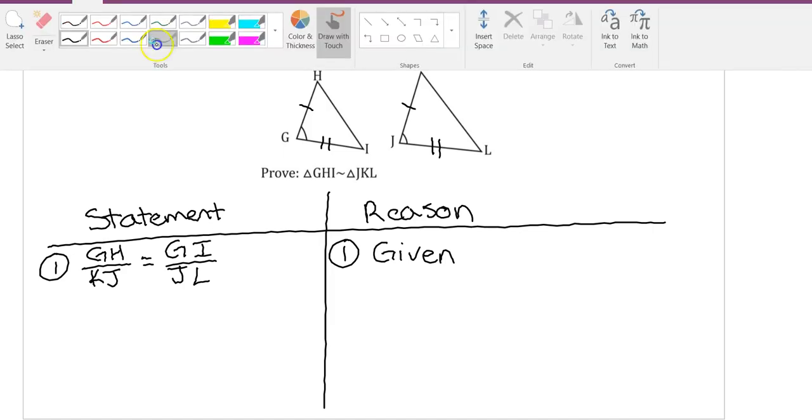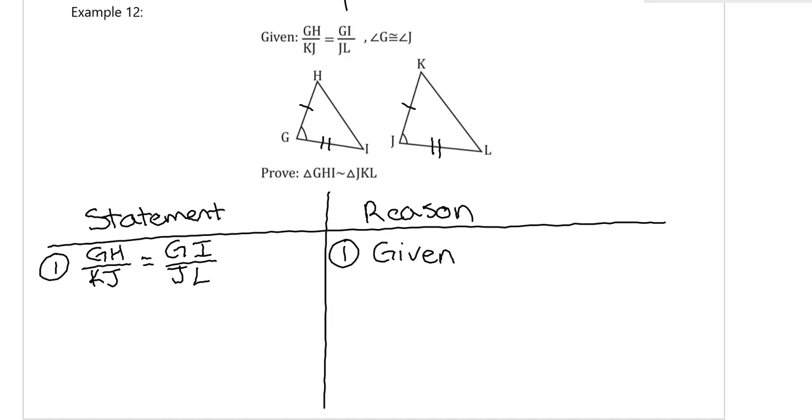Next, we have our other given statement, so I have to do both my givens before anything else. Angle G is congruent to angle J. My reasoning for that, again, is it was given to me. Now if you look, I have a side, angle, side.